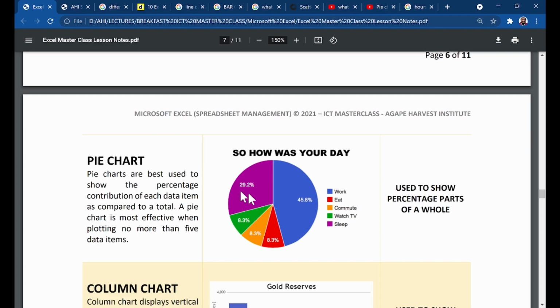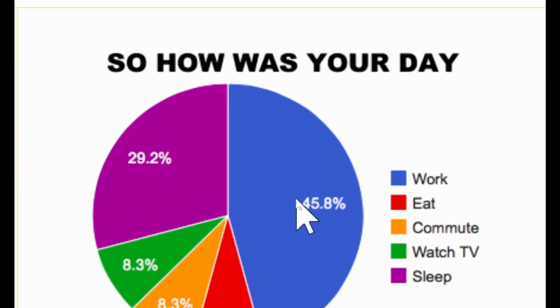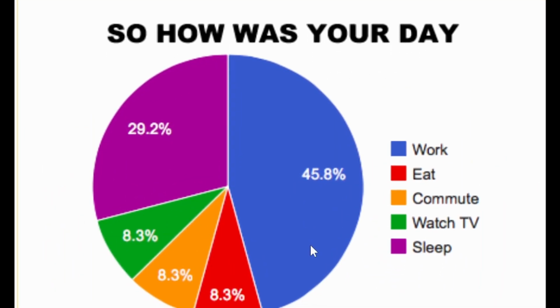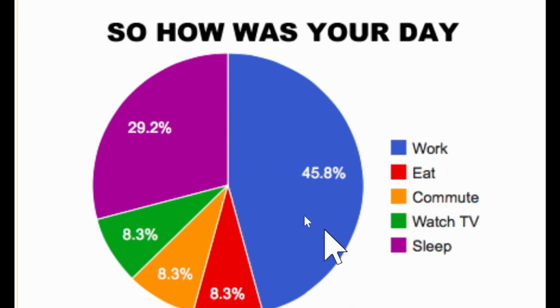So when you look at this particular chart here, this is someone's day. The question is, how was your day? So the blue area is work. The person worked 45.8%. And this is for sleep.